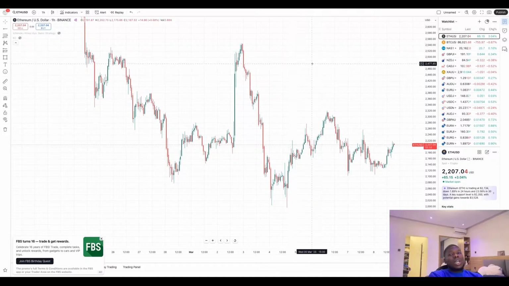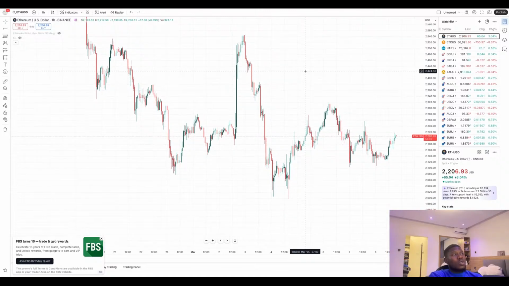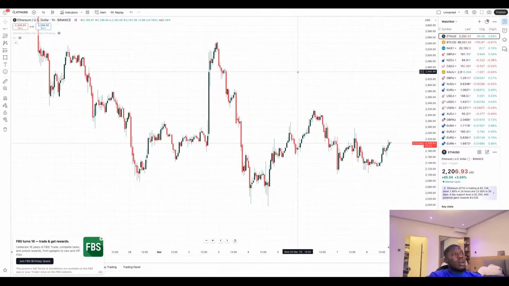When you come to your charts, basically there is a whole lot of support and resistance. Support and resistances are always a change in direction when a coin is moving.